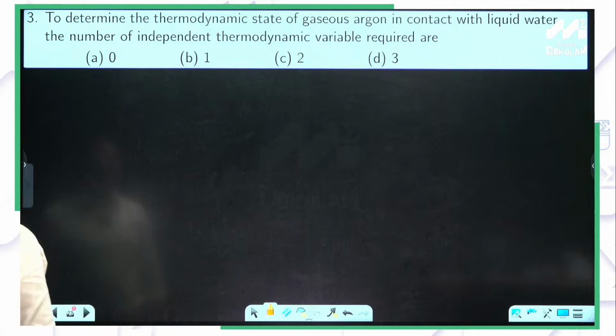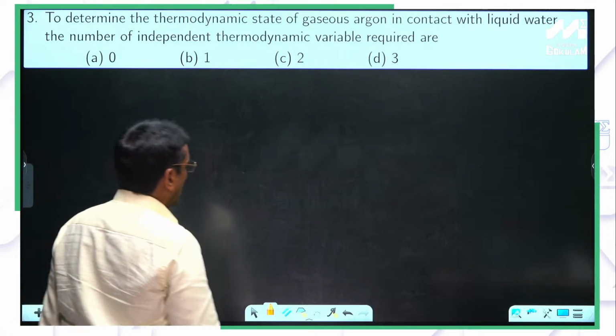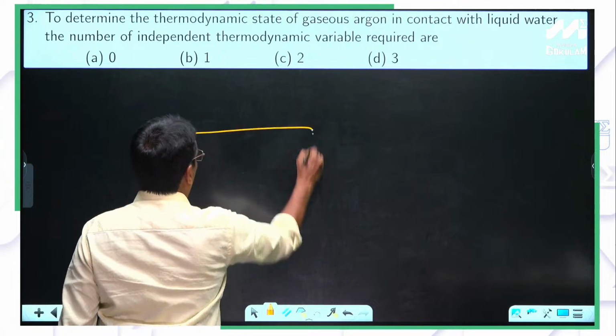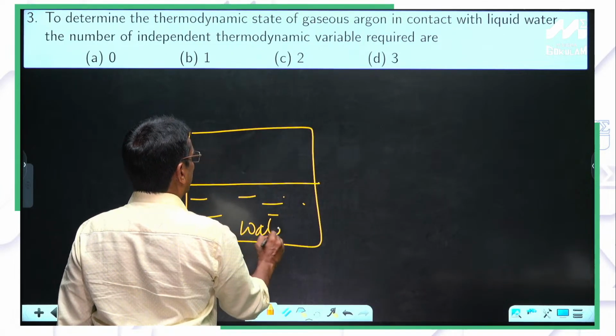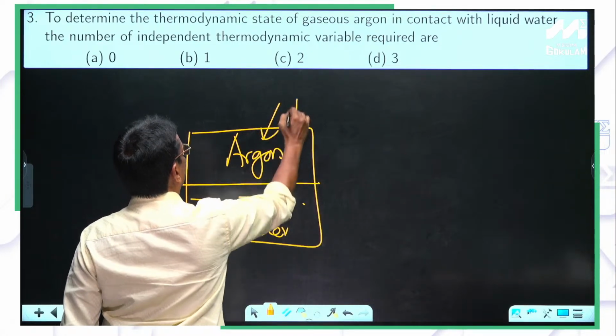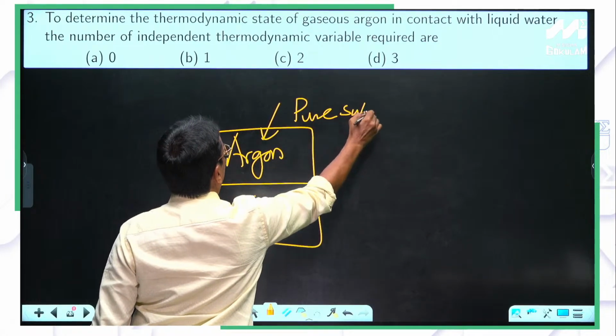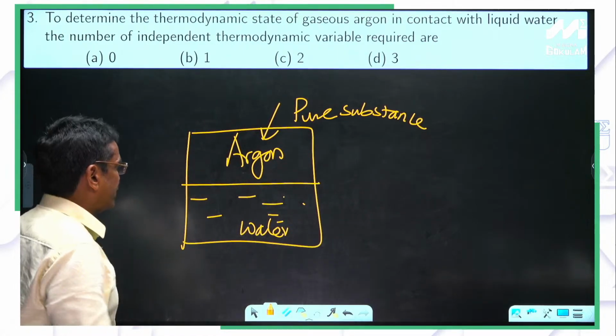To determine the thermodynamic state of gaseous argon in contact with liquid water. Argon is in contact with water. This mixture is a pure substance, and it can be called a pure substance containing two different components.